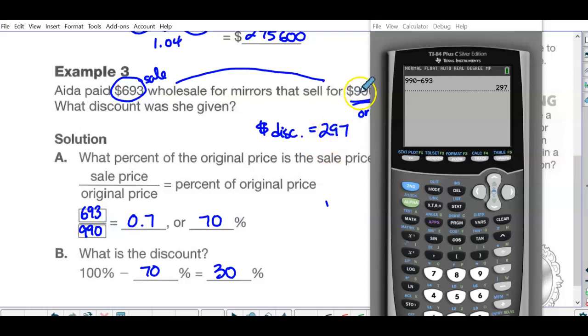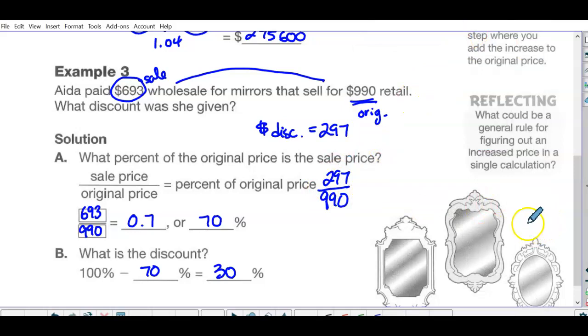And what's that compared to? The original price, because that's always what you get your discount from. So then you would go 297 divided by 990, and then multiply it by 100 and you get 30%. Okay, so that is how you can calculate how much was taken off.